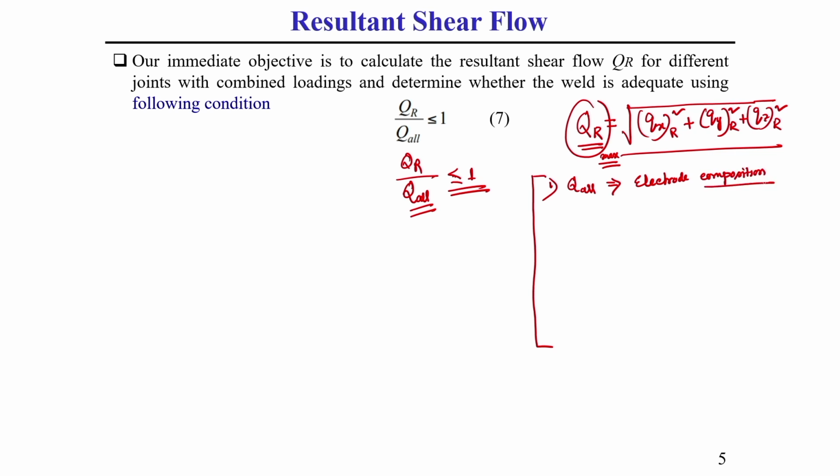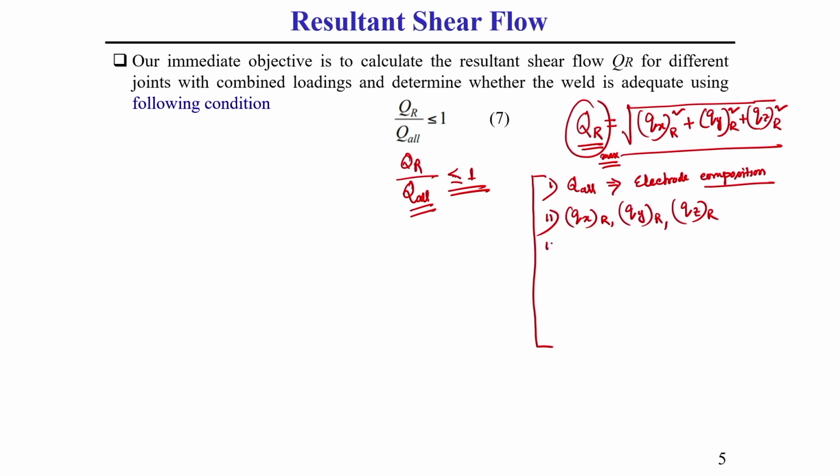I have already discussed how to find out this. After that, you need to find out the Qx resultant component, Qy resultant component, then Qz resultant component. How to find out these things I have already explained in the previous slide itself.